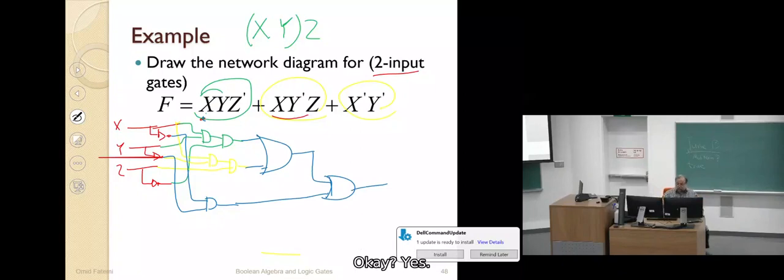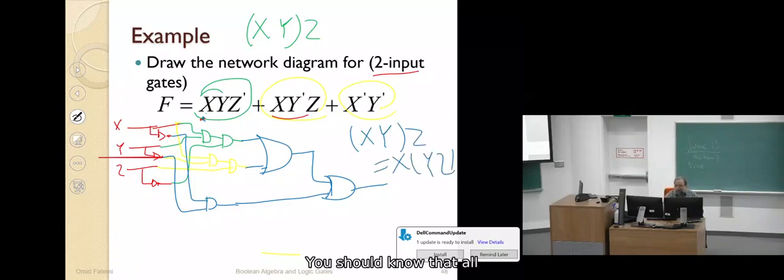Okay? Yes? Do we have to memorize the table of the nodes? Yeah, almost. It is not just memorizing. You mean, for example, x times y times z equals x, y, z? Yeah, you should know that. So all of them are like that.